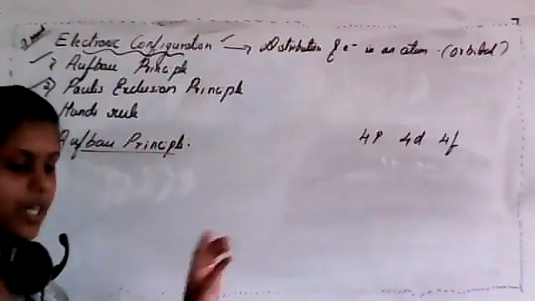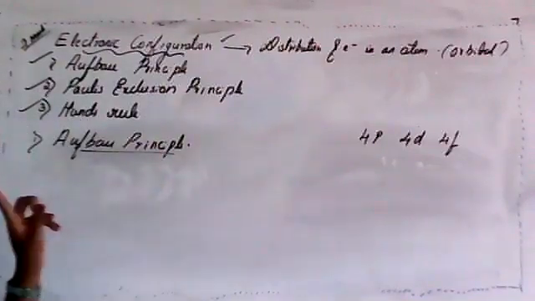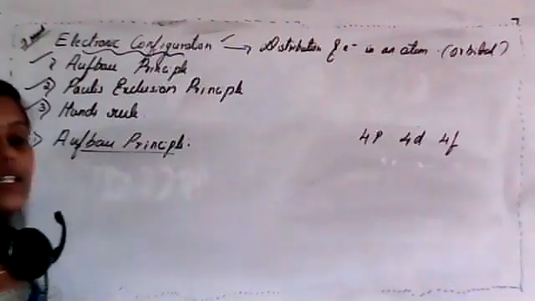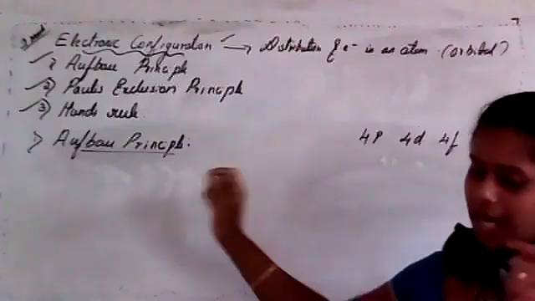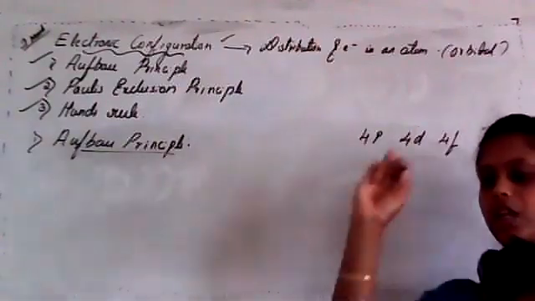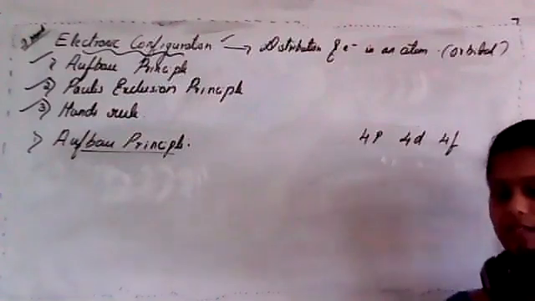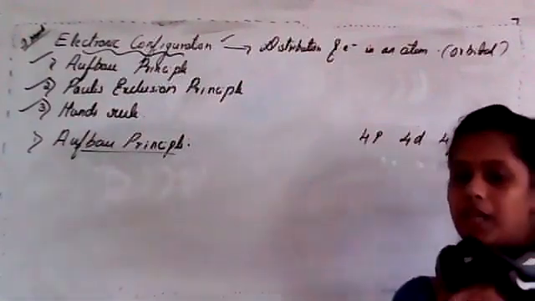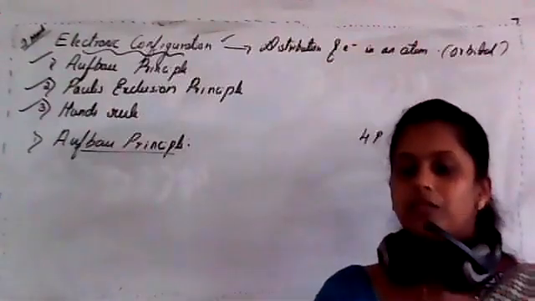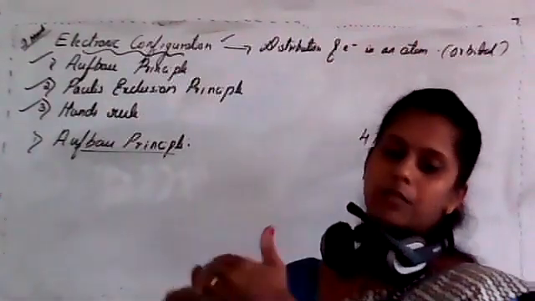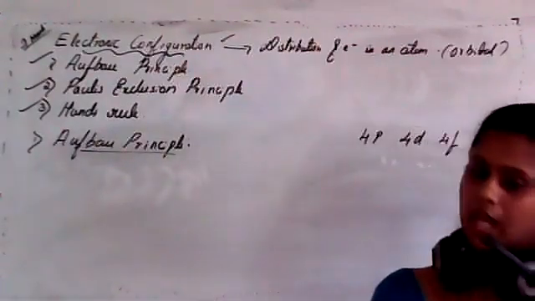In the ground state of an atom, the orbitals are filled in the order of their increasing energy. That means the electron must be filled in a lower energy level first, and after that it is filled in a higher energy level.